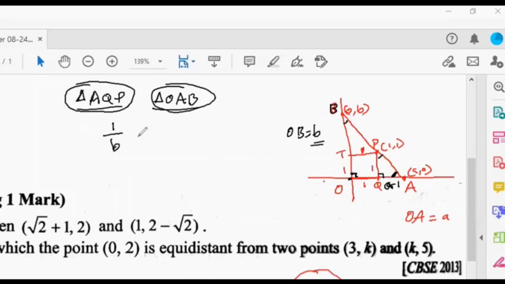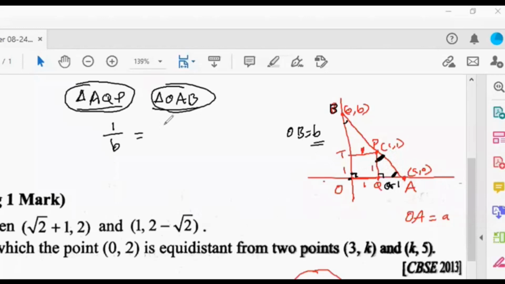So 1 is to B is equal to, now you take the ratio of lengths of sides opposite to angle P. What's the side length opposite to P in the small triangle? A minus 1, right? QA, the side opposite to angle P in triangle QAP, that is A minus 1.